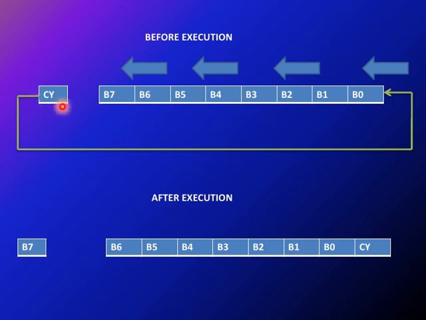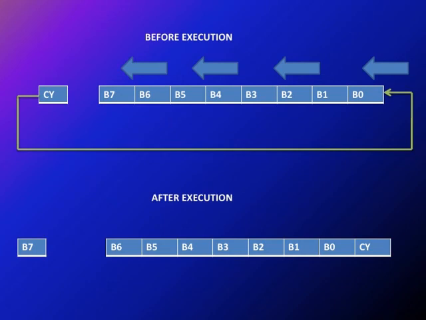So the carry flag content is moved to the B0 position, B0 bit goes to B1, B1 bit goes to B2, B2 to B3, B3 to B4, B4 to B5, B5 to B6, and B7 bit goes to the carry flag, right?